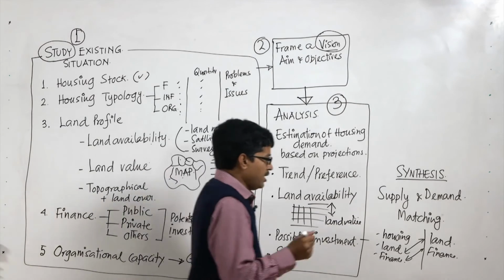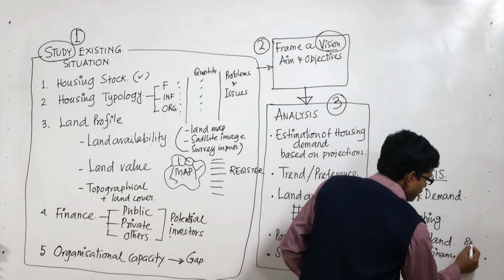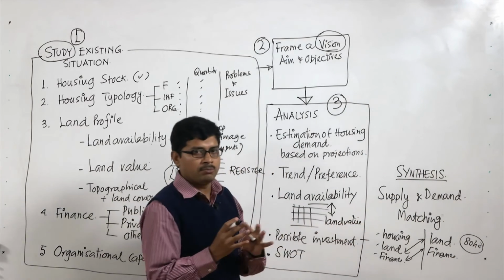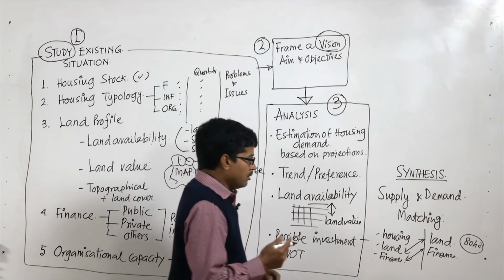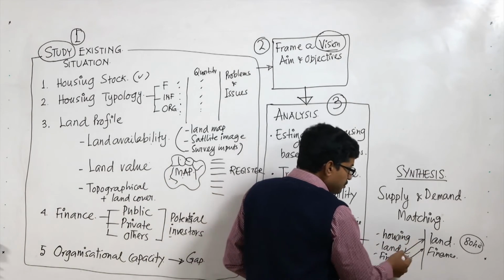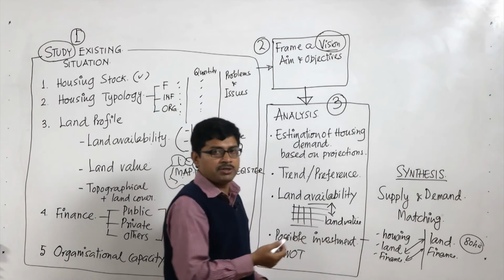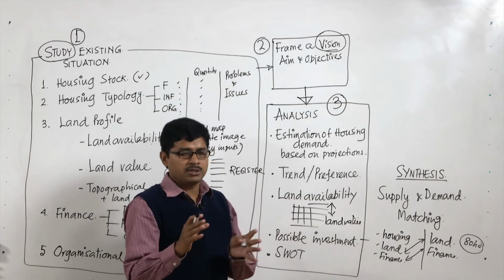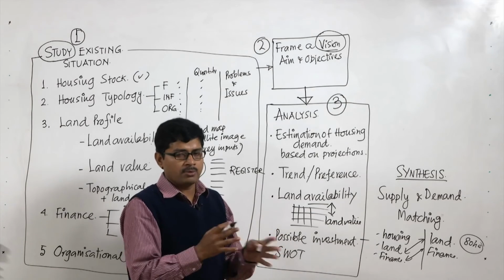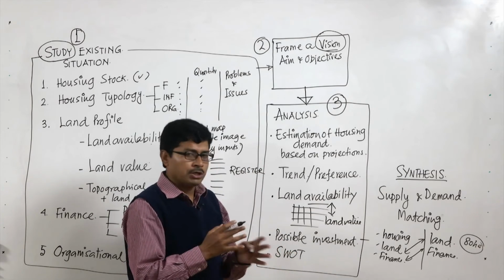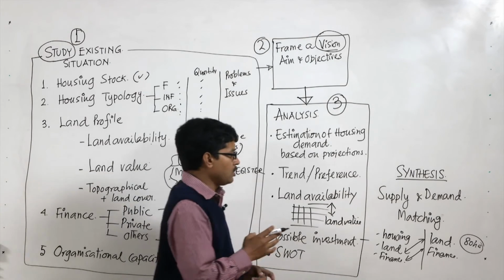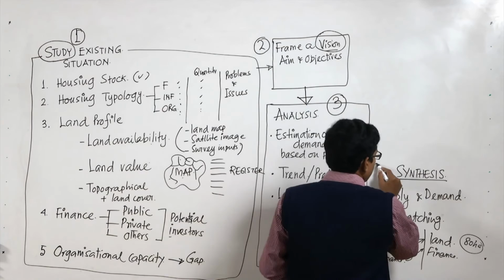So you might find that you have only 80 hectares of land in hand, which is a mix of high value, medium value or low value land. So you might be working with your density, either going with more density or a variable density, a combination of low, medium or high based on the housing typology. That kind of matching and correlation is required at the synthesis level after the analysis.